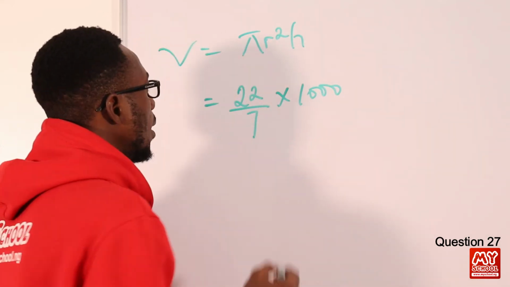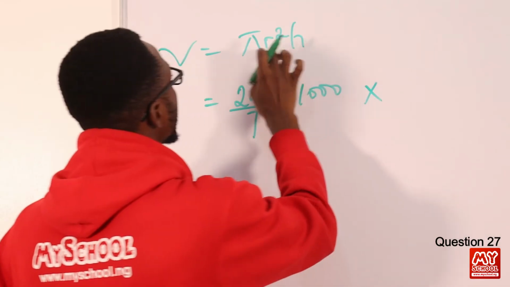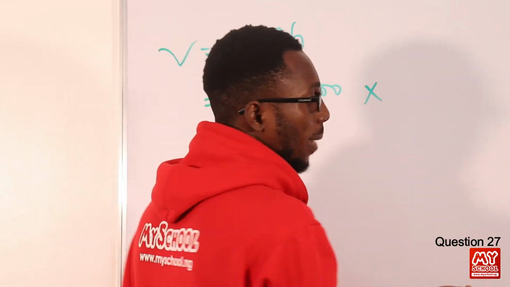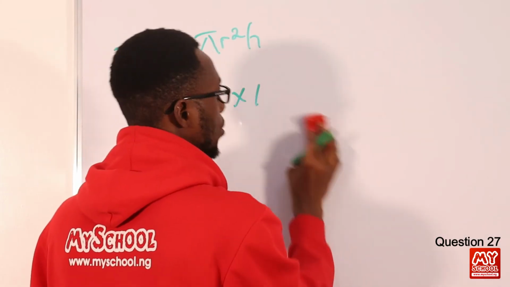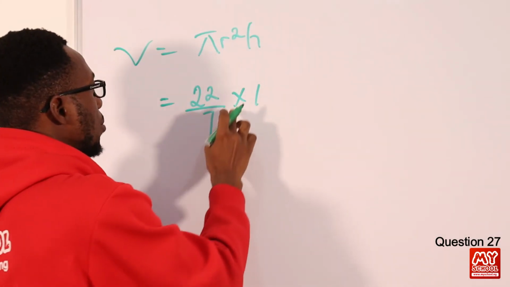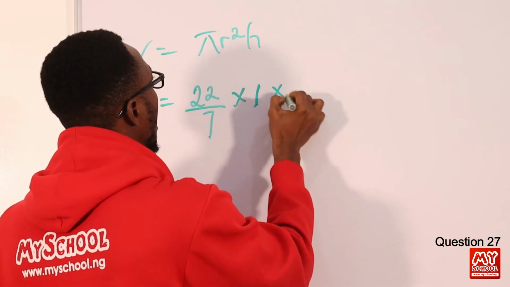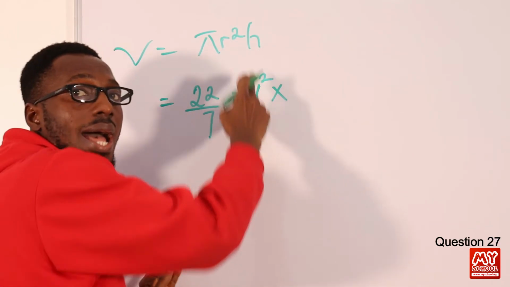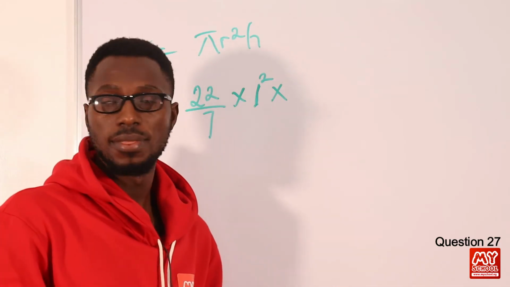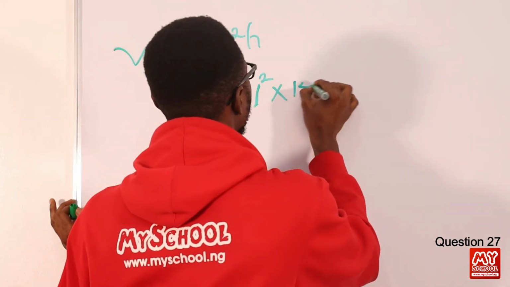But I can do my conversion later, so I'm working in meters right now. So I have times 1 raised to power 2, times the height of the well, that is depth, that's 14 meters.